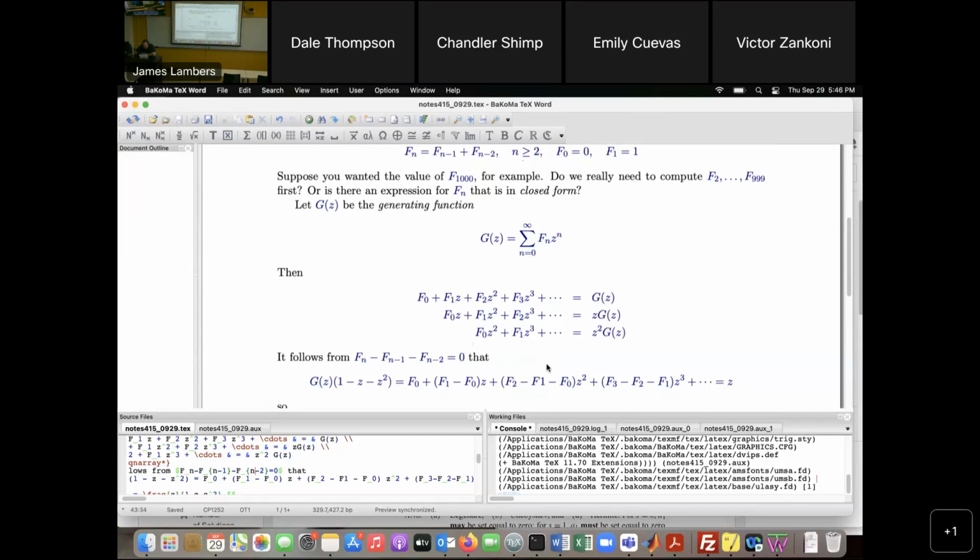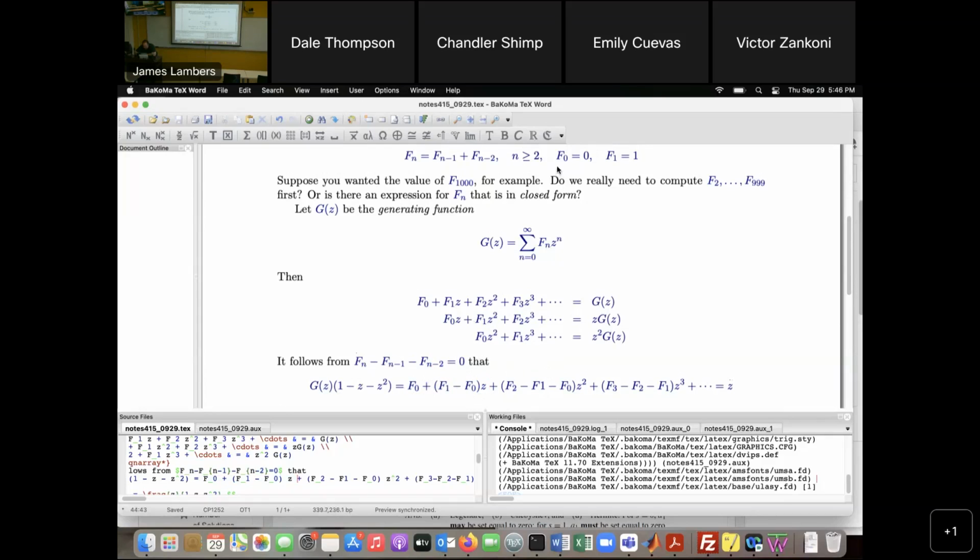The only terms that don't go away are these two, of degree less than 2. To see what those are, we fill in the initial values. But f0 is 0, so this term also goes away. And then for a z term, we have f1 minus f0.